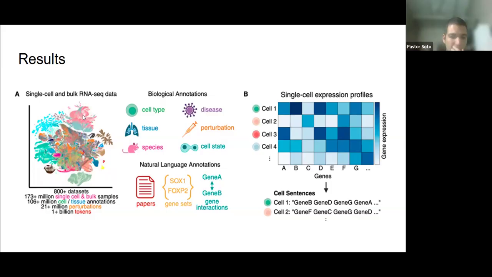So essentially, what they did is that you have the cell, and that cell has different genes, and those genes are ranked based on the activation and based on the expression that they have. So you have the genes that have the highest expression for that cell at the top of your rank, and then you go in a certain order.